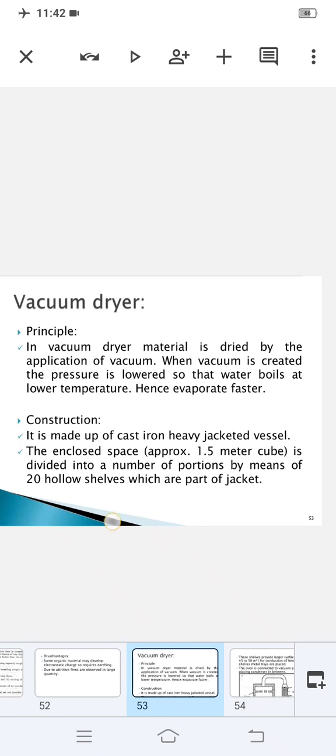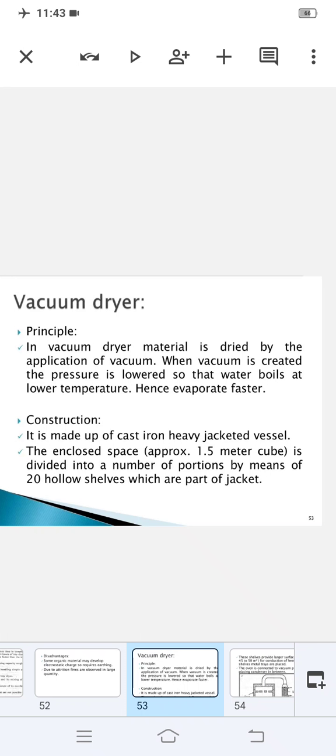So what is the principle behind this vacuum dryer? In this type of dryer, the material which is to be dried is dried by the application of vacuum, as the name of this dryer itself suggests.